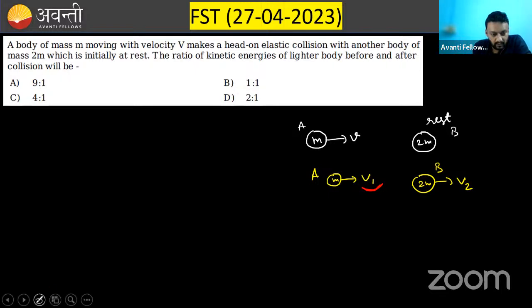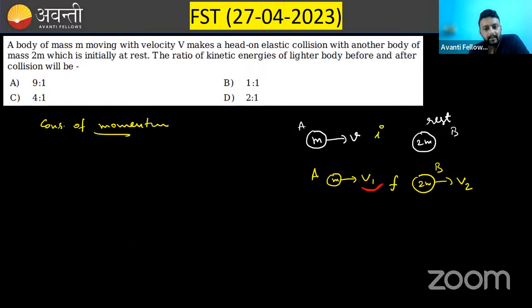Now, after understanding what I need to calculate, we can use two things. One is conservation of momentum. That is P initial is equals to P final. This is initial diagram. This is final diagram. Initially, there are two bodies, but only one body is moving.